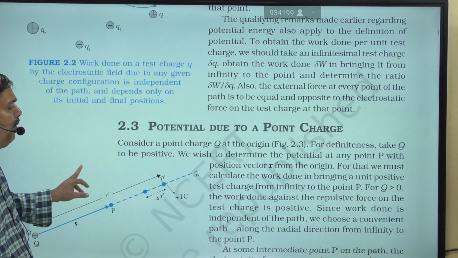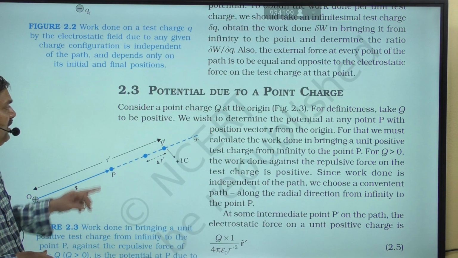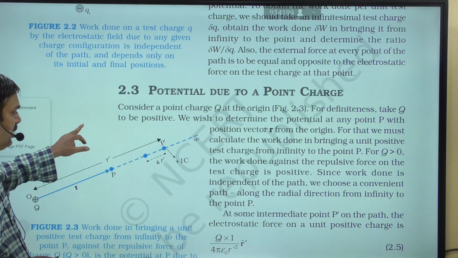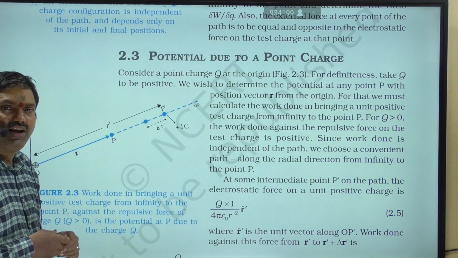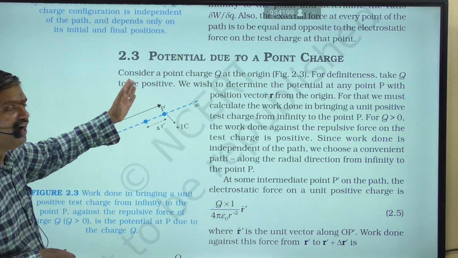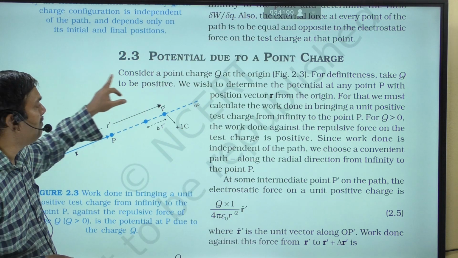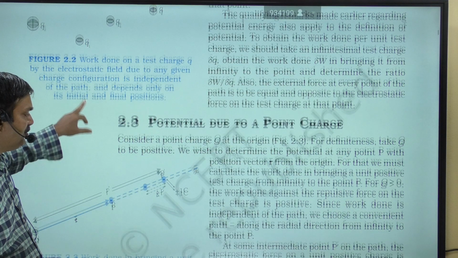Now there is an important derivation here, which is going to give us potential due to a point charge. This is quite frequently asked question, okay, in our IP examinations. What is that question? Let us see. Potential, electric potential, which is denoted by the symbol V, due to a point charge.